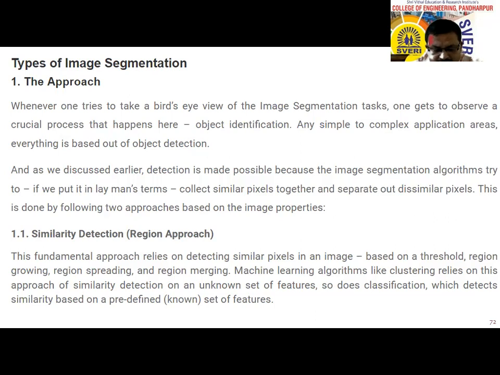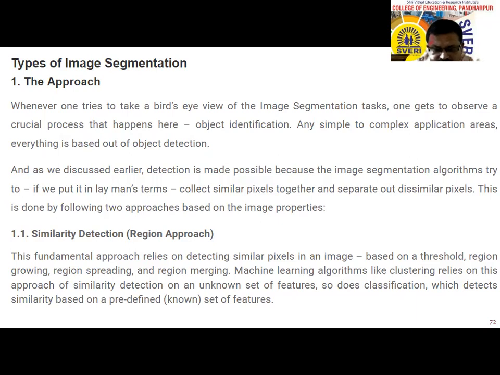First is similarity detection, or the region approach. This fundamental approach relies on detecting similar pixels in an image based on a threshold, region growing, region spreading, and region merging.